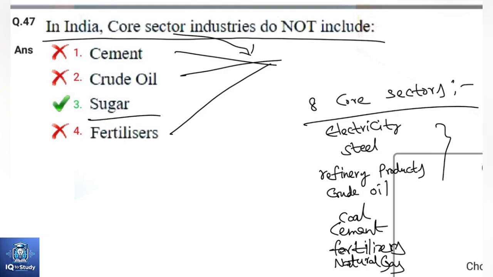These 8 come under core sectors. So sugar is not included.